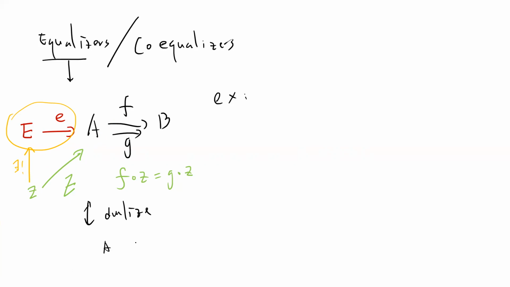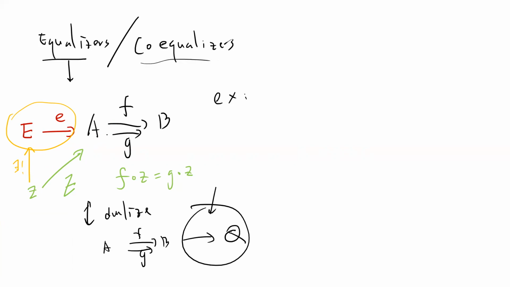If you have A and B and F and G, and there is some object Q you map to from here, this is called the coequalizer.